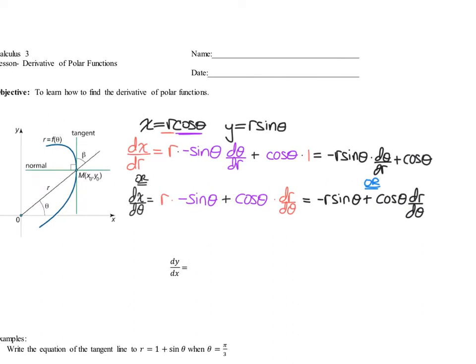So, first one says, write the equation of a tangent line to r equals 1 plus the sine of theta. So, I would ask you, is it going to be easier to find from this equation here d theta dr or dr d theta? If I were to take the derivative of this, what would the left-hand side of it be? dr d theta, right?